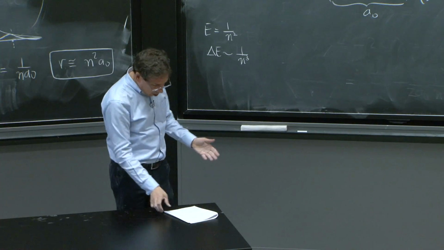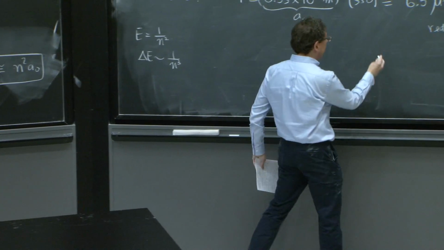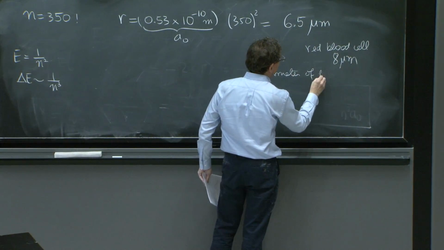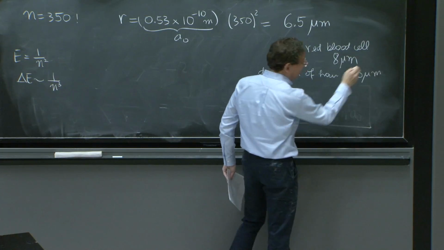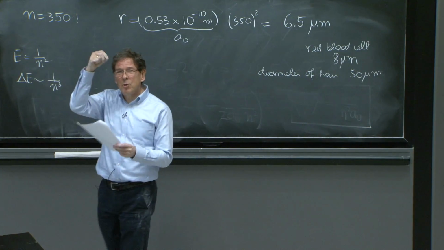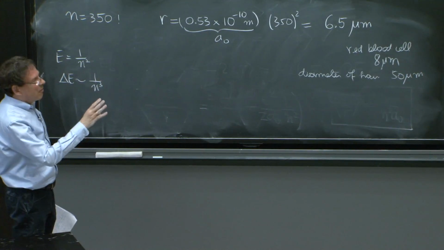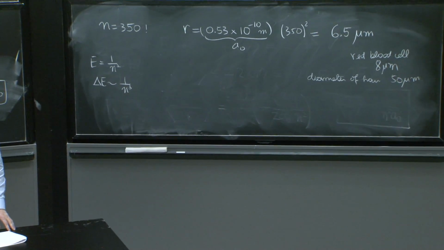So also in terms of sizes, the diameter of a hair is about 50 microns. Yeah, hair is very thin, but you see it. So you're about a factor of 5 or 10 from being able to see that atom with your naked eye.